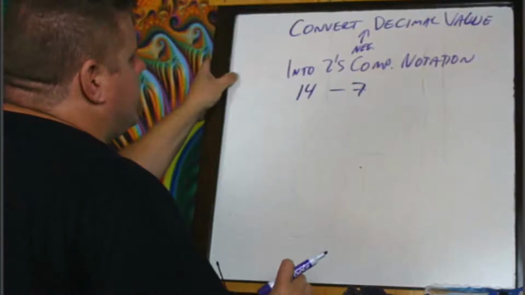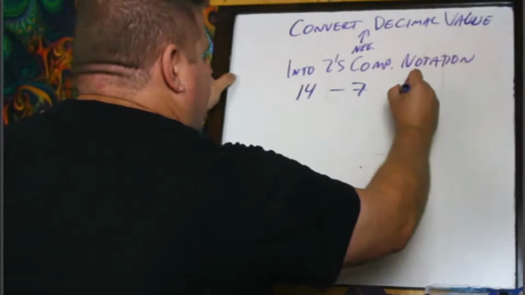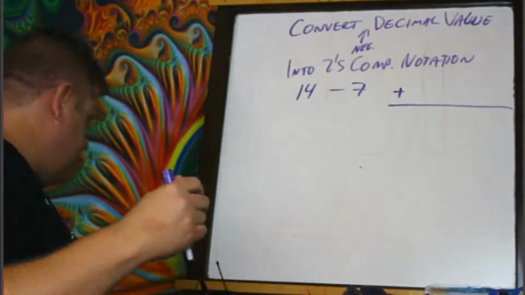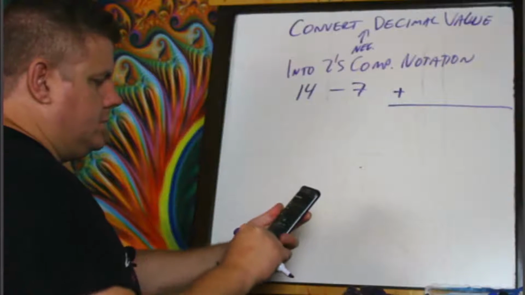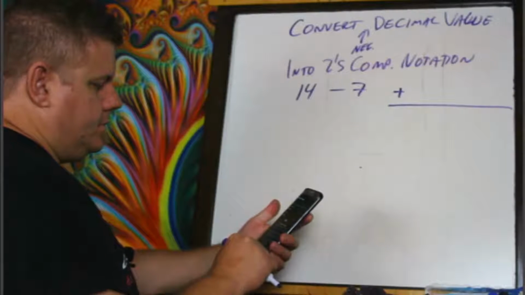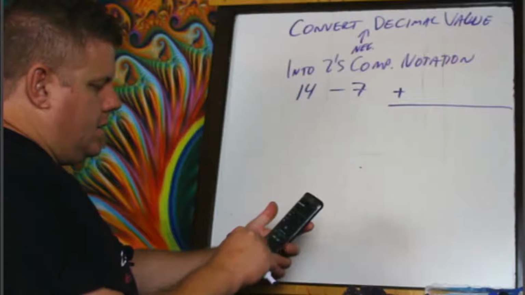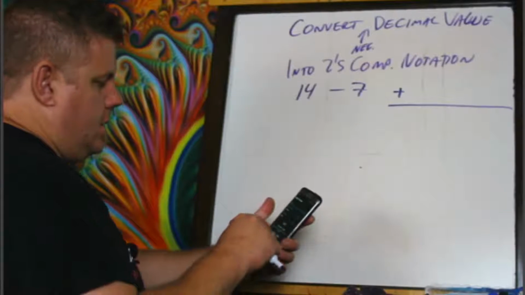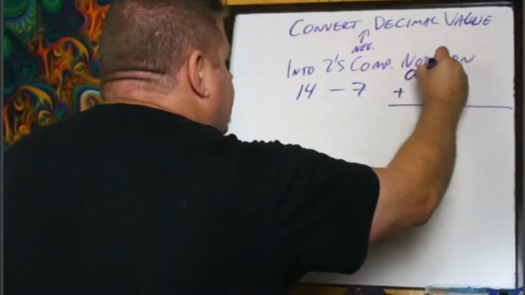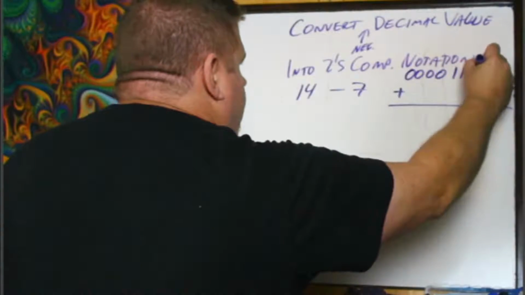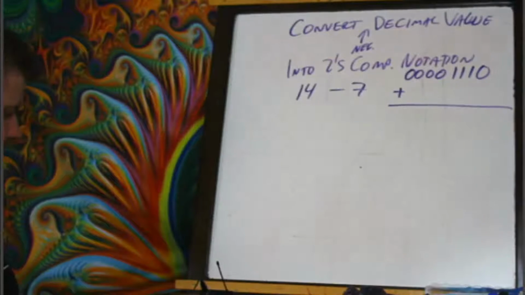Ultimately, I'm going to do an addition between two binary numbers. I'm going to go ahead and convert 14 into binary, and I get 0, 0, 0, 0, 1, 1, 1, 0. That's my 14 in binary using all 8 bits.